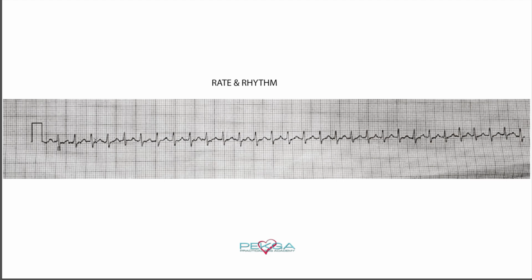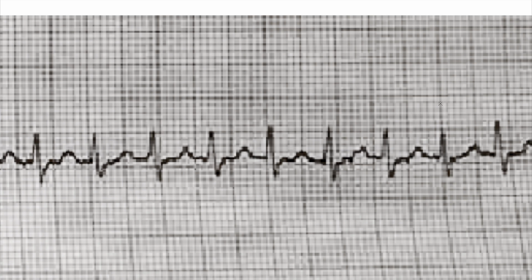As far as the rate goes, I'm going to be looking for a QRS that lands on one of these darker lines. Now, using the 300 method, this would be your 300 mark, this would be 150, so this is somewhere between 150 and 300, looks like 200. This is a little imprecise, so I'm going to be narrowing it down and measuring these small boxes using the 1500 method.